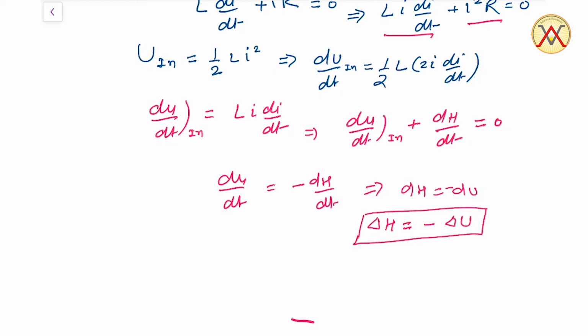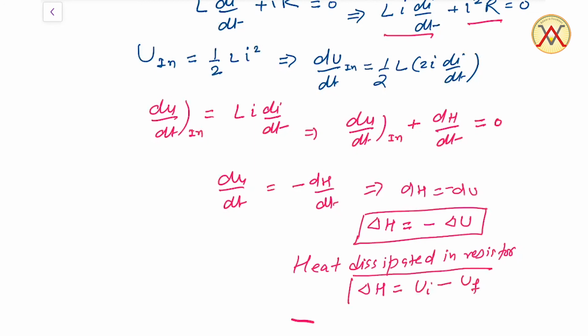That means the heat dissipated in the resistor, delta h, equals u initial of the inductor minus u final of the inductor. In the LR decay circuit, the current finally becomes zero and the total energy of the inductor has been converted into heat.